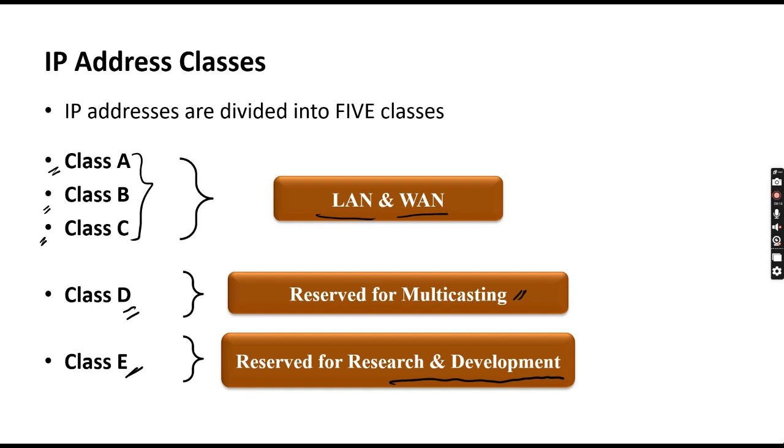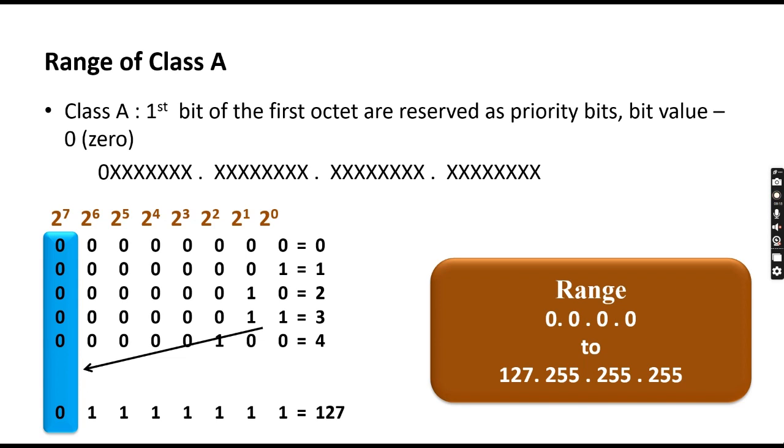Now, what is the range of your class A, class B, class C, and class D? We need to understand that now. Your class A range starts from 0 and goes till 127. Let me give you the idea.